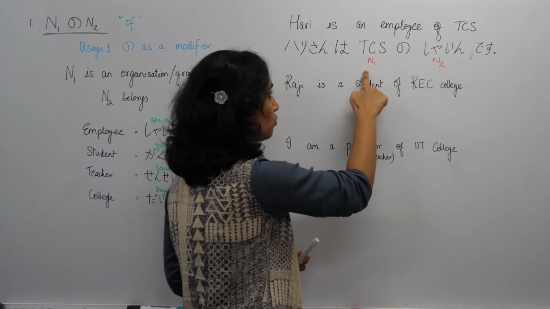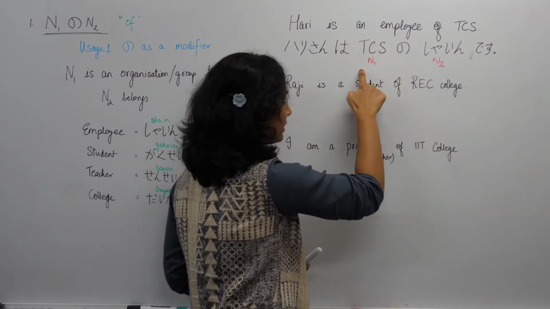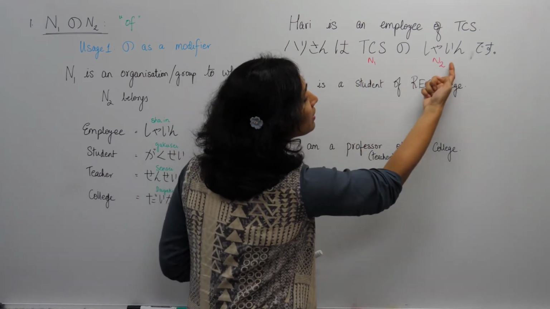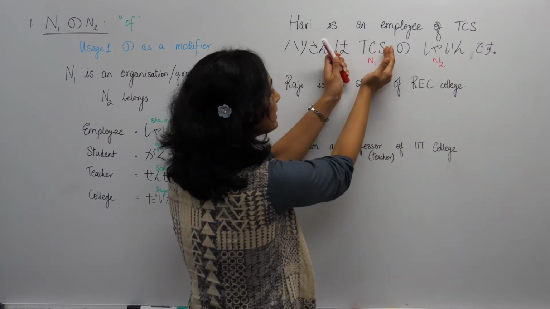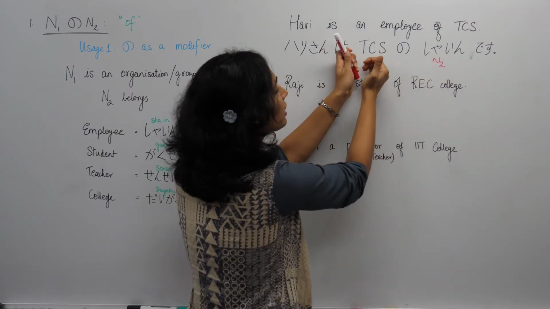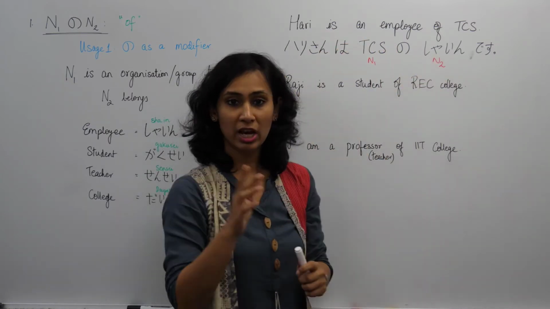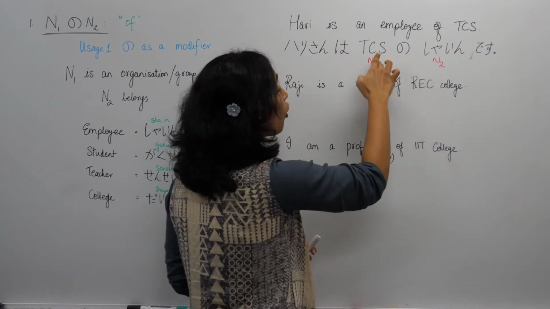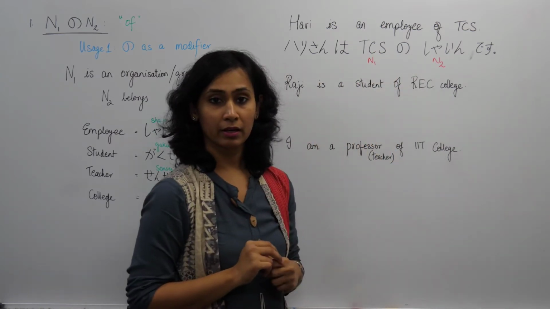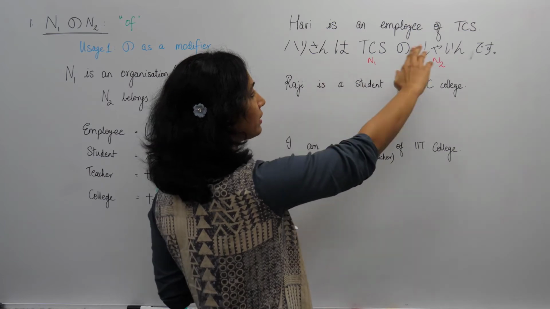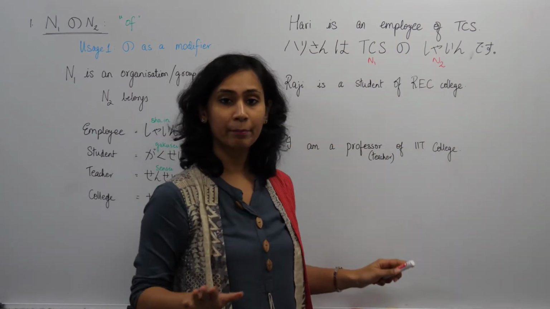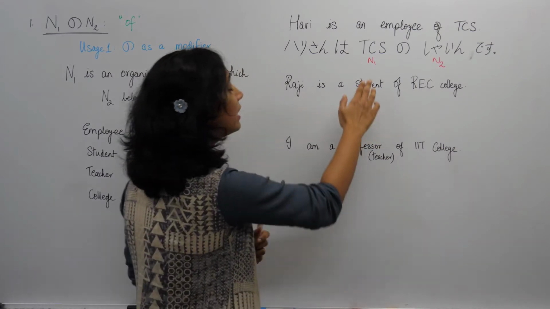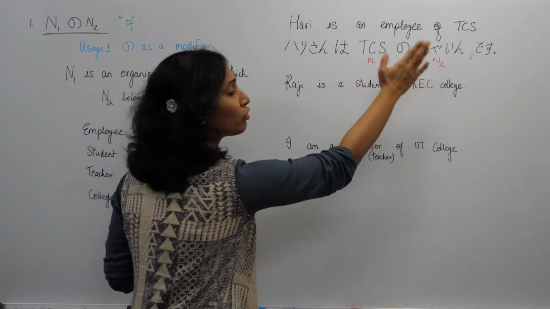The first noun is an organization to which this N2 belongs. Able to get it? TCS is an organization to which this shain, meaning employee, belongs. So employee of TCS. The word order is a bit different compared to the English one. I'm not giving any comparisons. Just understand that TCS comes first, followed by shain.